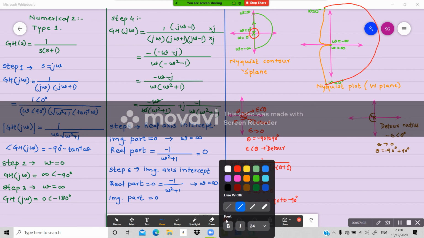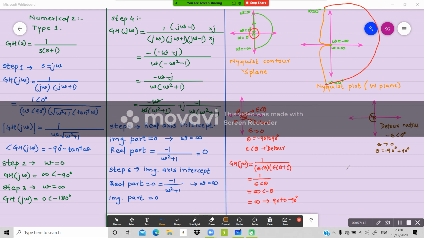On the same line, let me complete one thing simultaneously on both sides. Now your epsilon is minus epsilon, okay? So what you are going to have, G H j omega will be 1 upon minus epsilon at an angle of theta, upon minus epsilon at an angle of theta plus 1. Again very small value added, no need to worry.